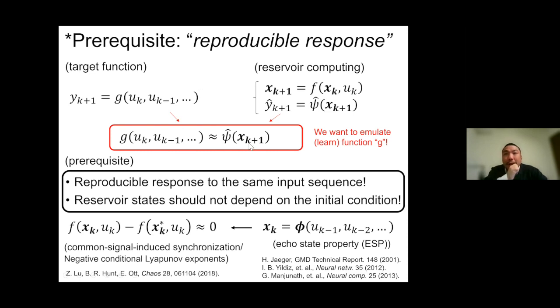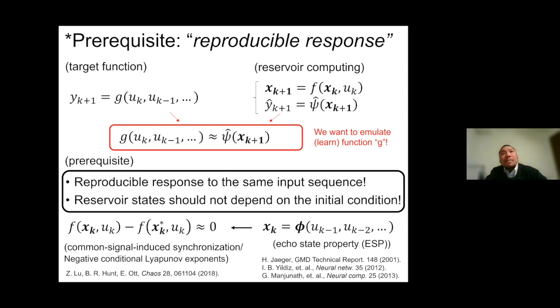And here, as you know, in general, the behavior of a dynamical system depends on the initial condition. But as I explained, we want to have the same response every time we inject some identical input. In that case, it requires some synchronization phenomena.